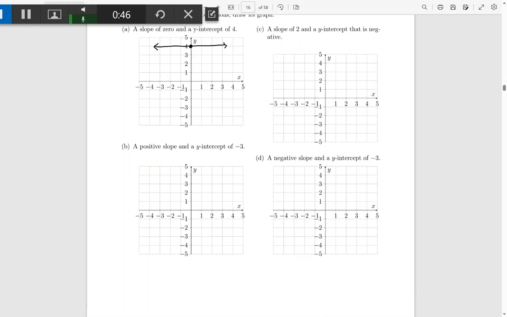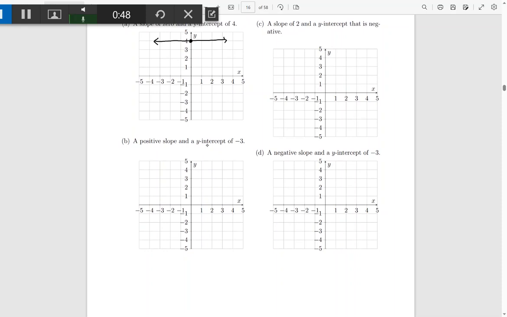For letter B, we have a y-intercept of -3, so we plot the anchor point, right? And then a positive slope means it goes uphill. I'm going to just pick a random positive slope, like a slope of 2/3, just to show you how you count it off.